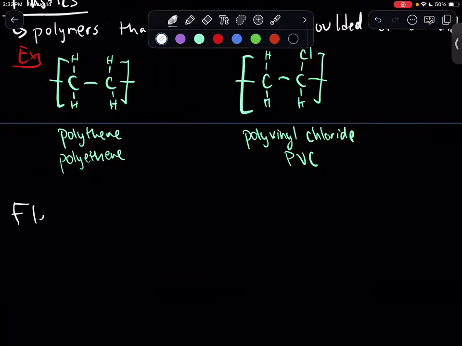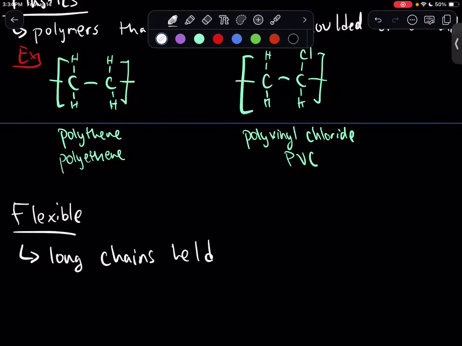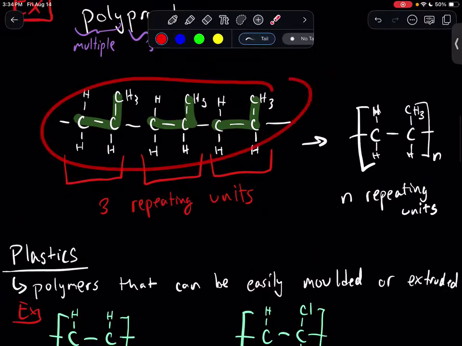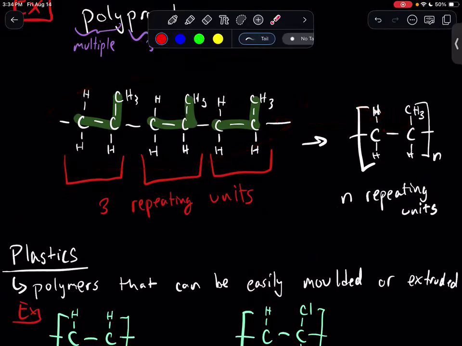First, they're flexible. Well, the reason they're so flexible is that these are just long chains held together by intermolecular forces. So if we look up here, I've got a chain of three, but you can imagine it going on for hundreds and hundreds.